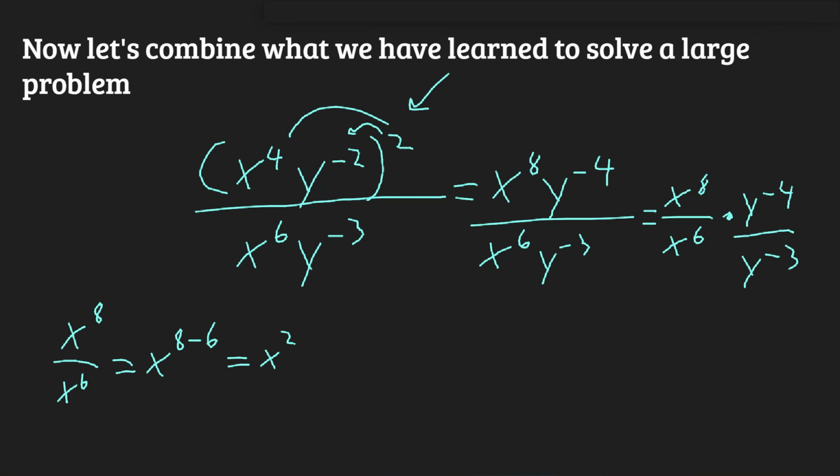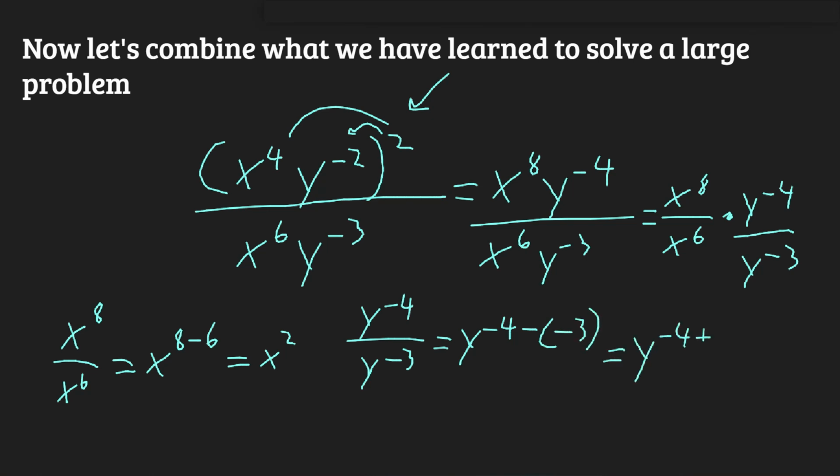And then for the y's, we have y to the negative 4 divided by y to the negative 3. This is equal to y to the negative 4 minus, it's important to remember that we are subtracting a negative here, so minus negative 3. So this is equal to y to the negative 4 plus 3, which is equal to y to the negative 1. So now we have x squared times y to the negative 1.